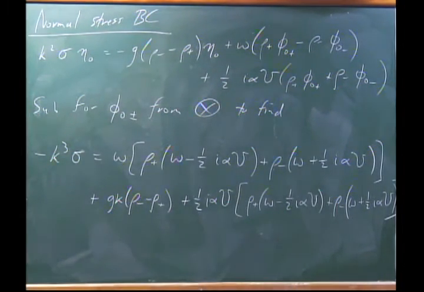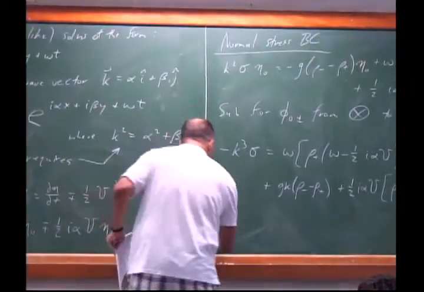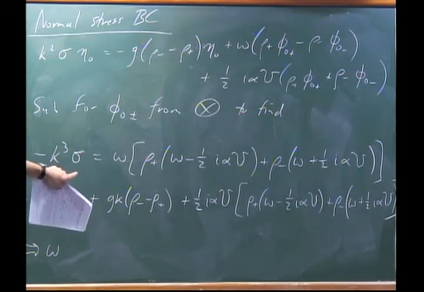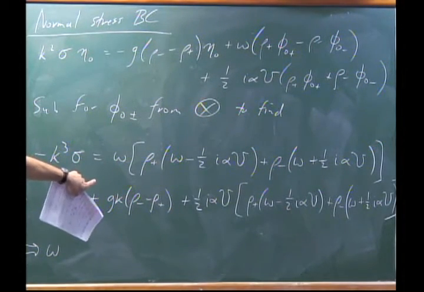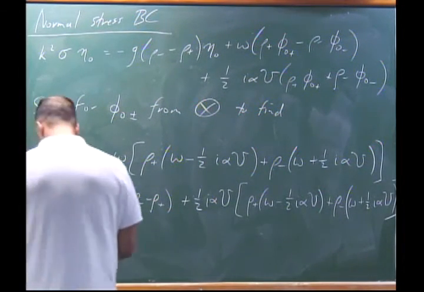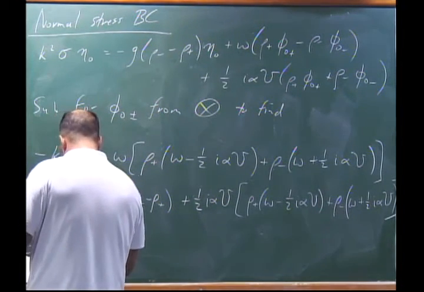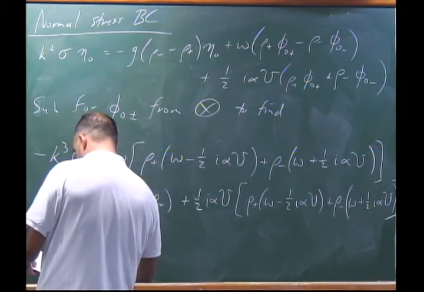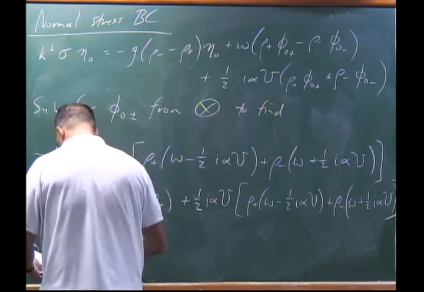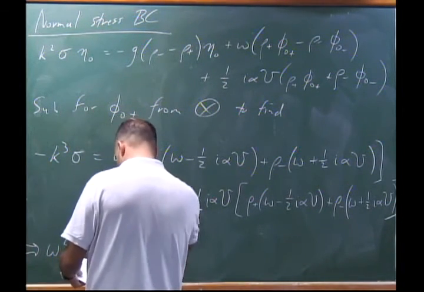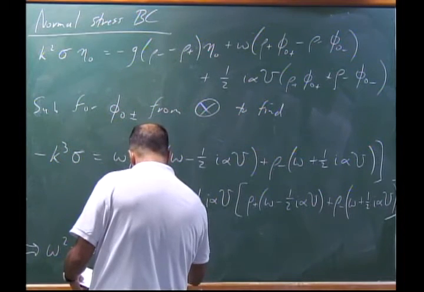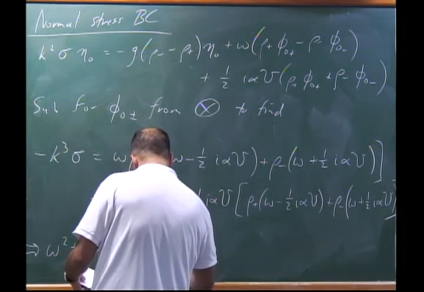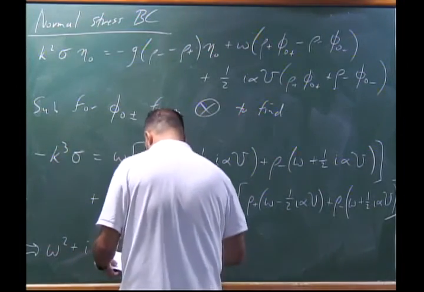Okay, almost there. Okay, so notice we can solve for omega as a function of k from this. Omega squared plus i alpha u (rho minus minus rho plus) over (rho minus plus rho plus).